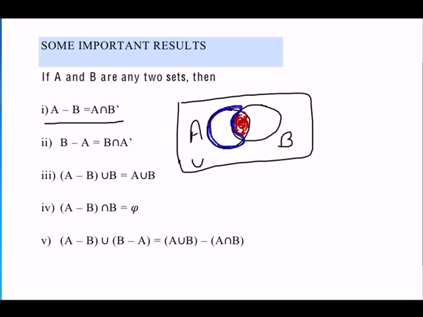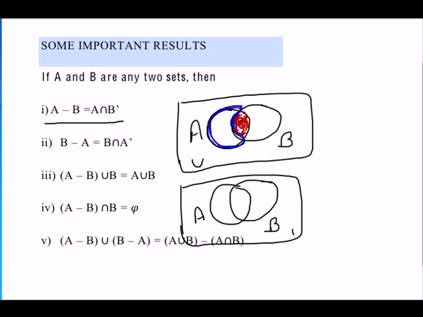Now this is equal to A intersection B complement. So let's first find what is B complement. So we'll draw another figure for that. So this is A, this is B, and my universal set. So B complement is whatever is not there in B. So essentially the area denoted by the blue line. Everything that is not there in B is B complement.